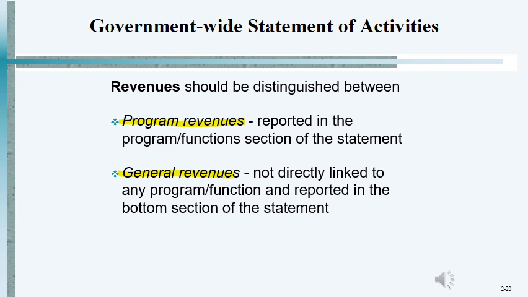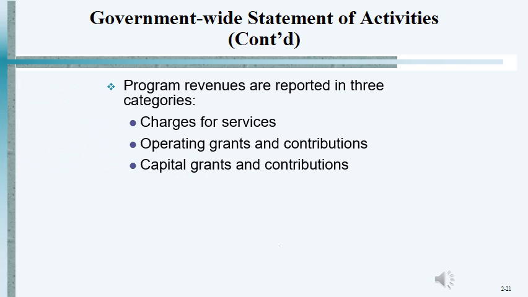The general revenues that were down at the bottom. Those were mostly going to be taxes. And remember, those were reported what? At the bottom of the statement of activities, we had our function and program revenue, our program revenues really being reported by function. Remember, public safety.